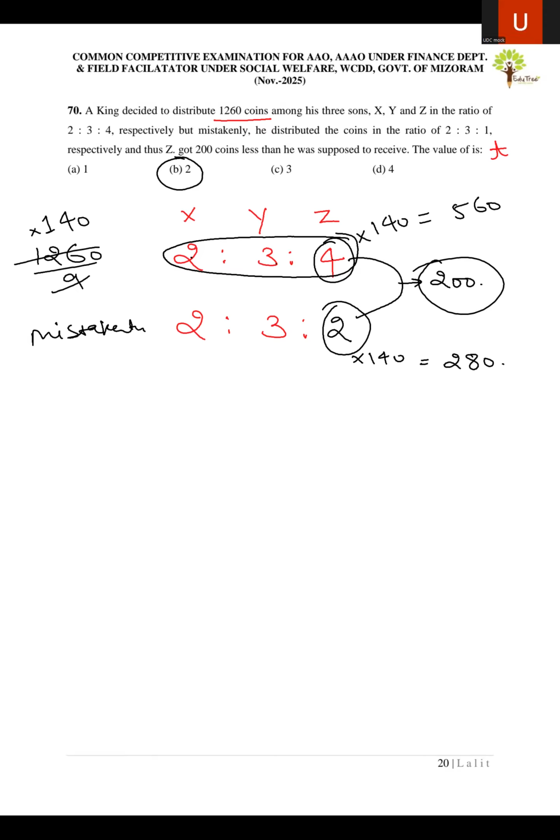So what we can do is check another option in this one. Like 140 times 4 is 560. Let us check another option in this one.